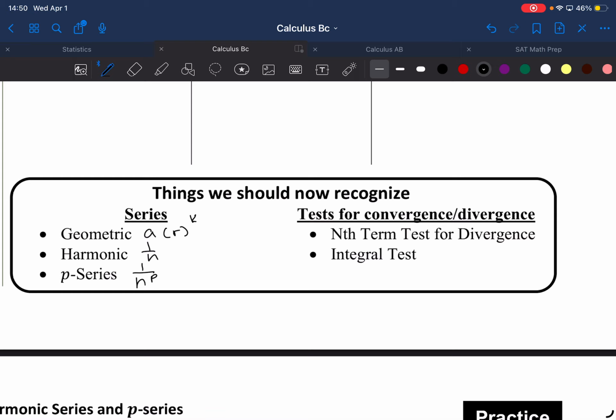Okay, do you guys remember what those rules were? The limit as n goes to infinity of the summation. So you take the summation and you convert it to an integral. Okay, and from there we're trying to prove convergence. Okay, perfect. You have to know at this point those 3 series and these 2 tests.